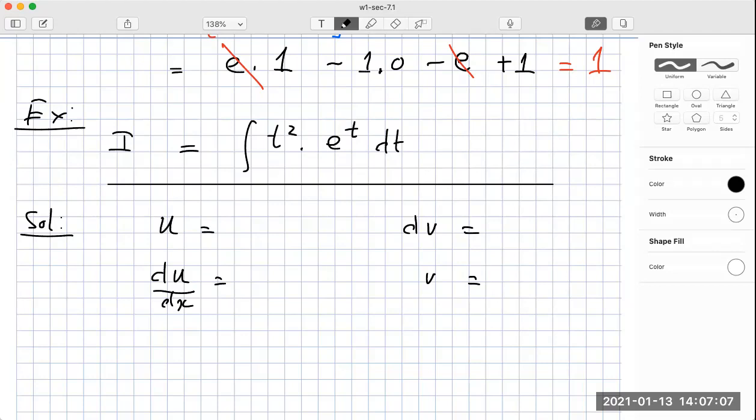We need to find the antiderivative of one term and find the derivative of the other one. So e to the t is u. Let us, if we do it this way, then t squared will be dv, right? If we do so, it is easy to find u prime, right? Let's try.